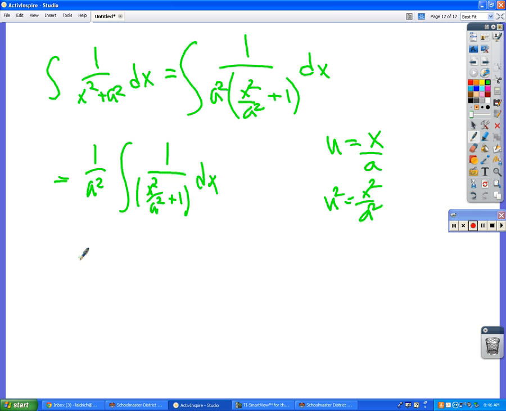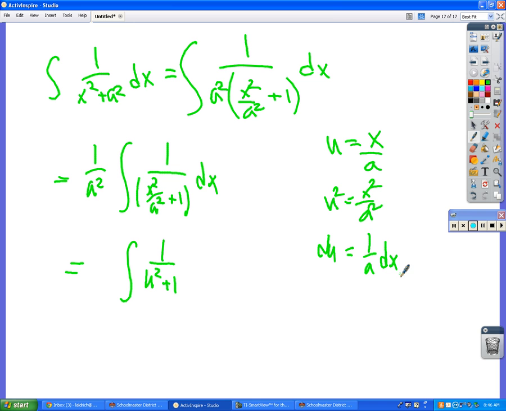So I can now change this to 1 over u squared plus 1. What's the derivative of x over a? 1 over a dx, okay?